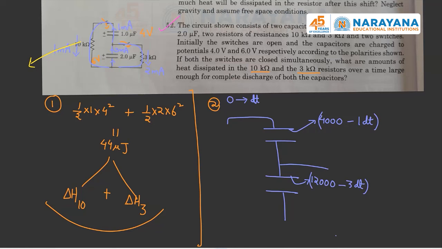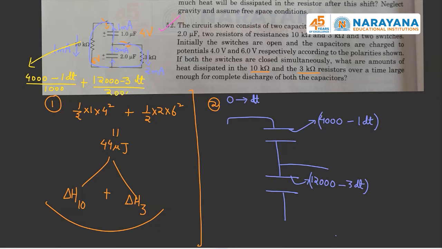The total voltage becomes 4000 minus 1 dt millicoulomb divided by 1000 millifarad, that is the voltage. The second one has a voltage of 12,000 minus 3 dt divided by 2000.